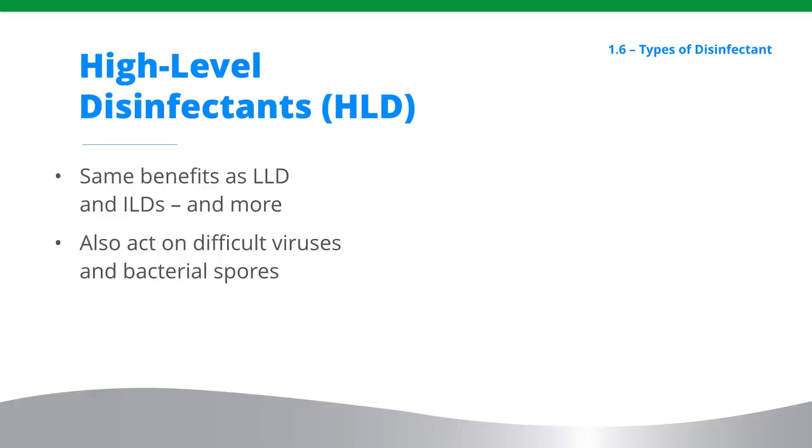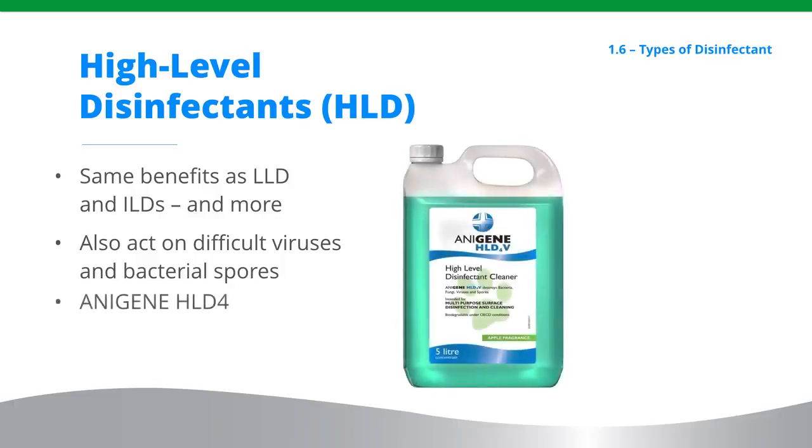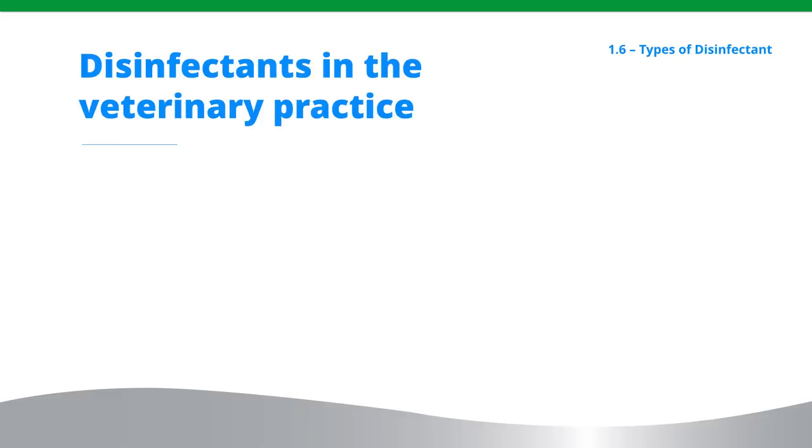They will also cope with grade 3 and other difficult viruses and bacterial spores. Anagene HLD4 and Chemgene HOCl are high-level disinfectants. Take care not to use a low or intermediate level disinfectant in the practice. Only HLDs are effective in this environment.